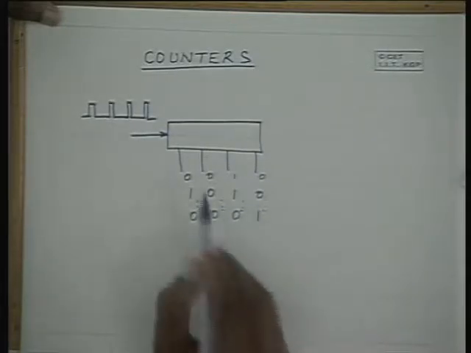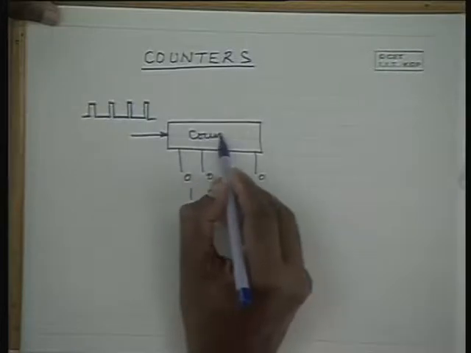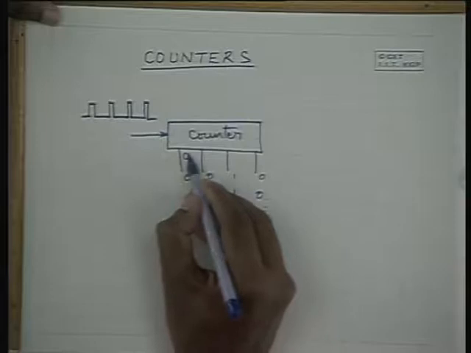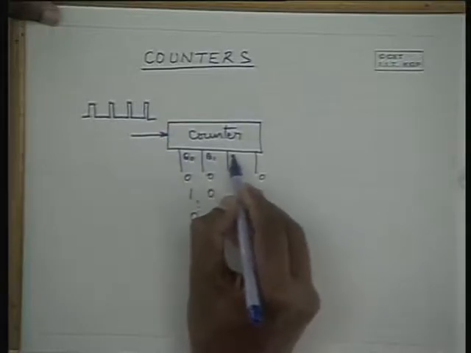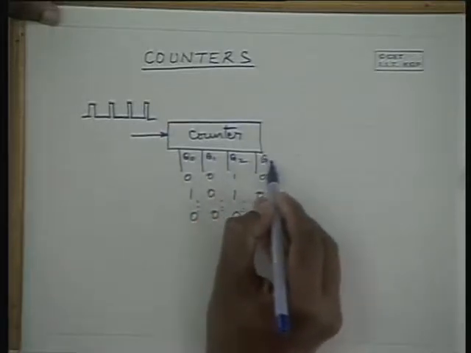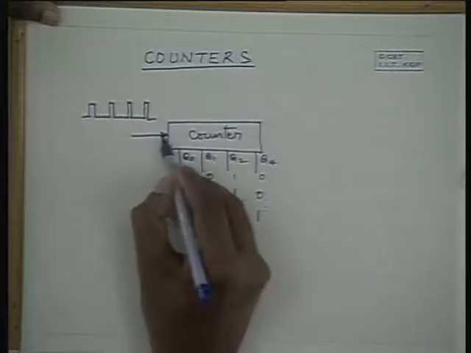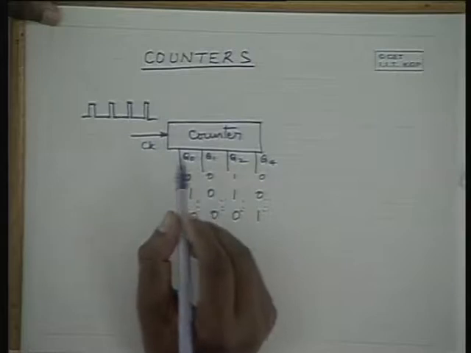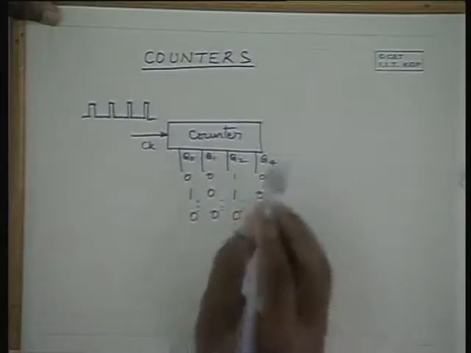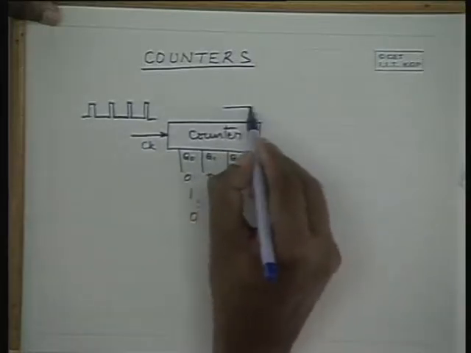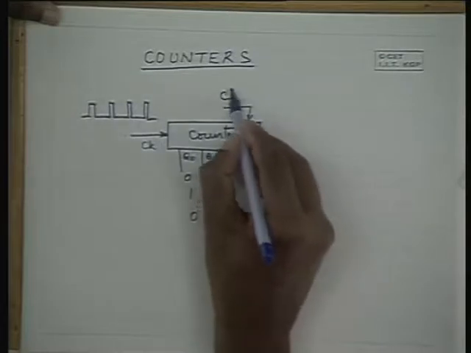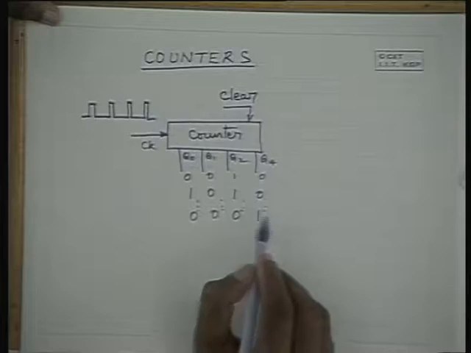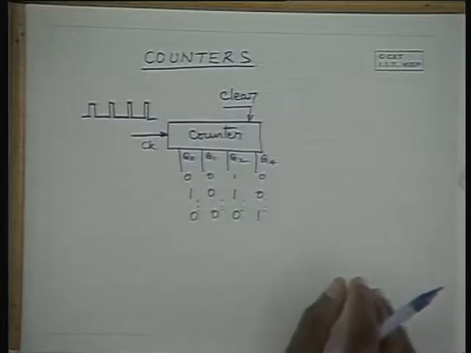So this is what is known as a counter. The counter has binary outputs, and it has the clock input. In fact, it counts the clock pulses, as I already mentioned. There is a clear input to clear the counter and make it all zeros. So there is a clear input also.